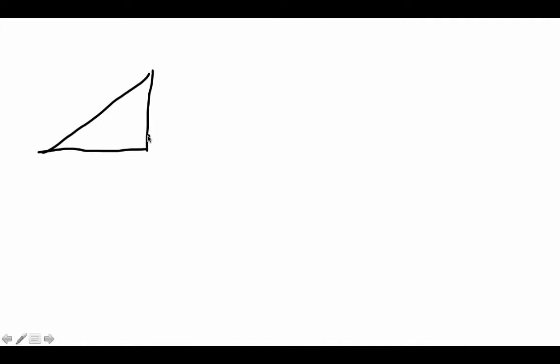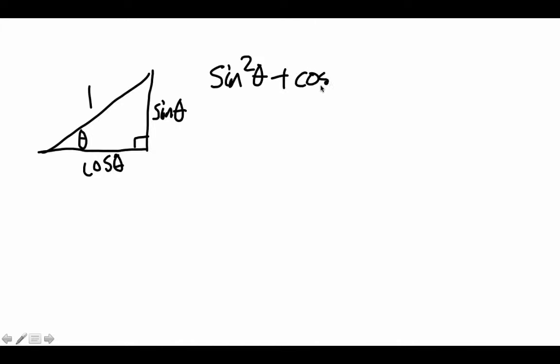Remember with the unit circle, we can build in this right triangle where the hypotenuse would be the radius of the unit circle. Our angle theta would be here. This ends up being the sine of theta, and this ends up being the cosine of theta. And you have sine squared theta plus cosine squared theta equals 1. It's called a Pythagorean trig identity because it's the sides of a right triangle in the unit circle.